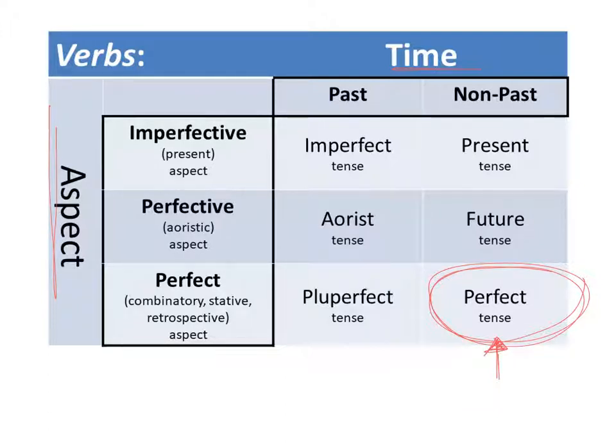It's not marked for past tense. The pluperfect will be marked for happening in the past. And it's in the perfect or combinatory or stative or retrospective aspect. That means we are dealing with the action after it has been completed, but focusing on the present.